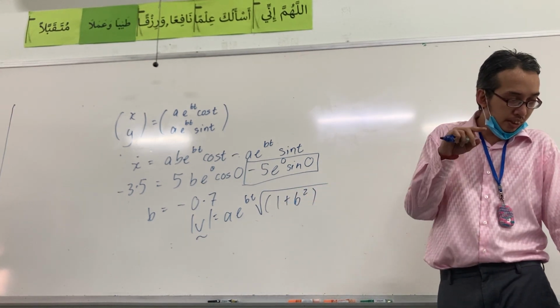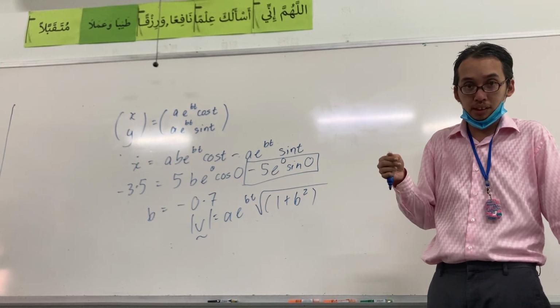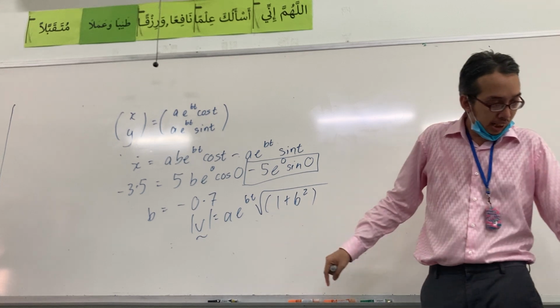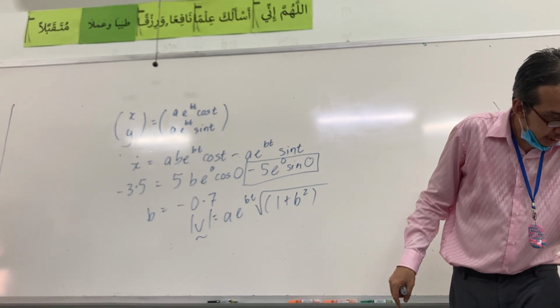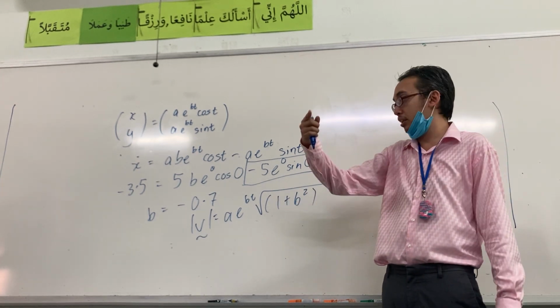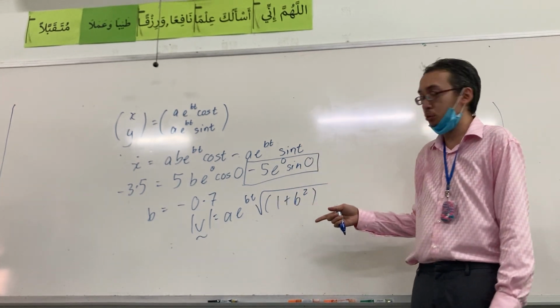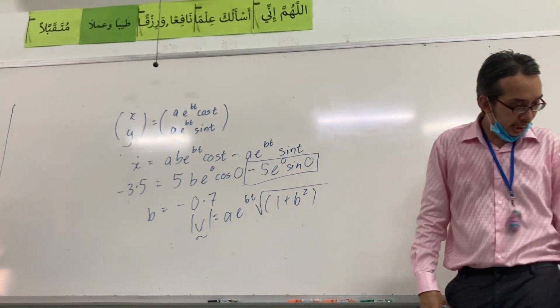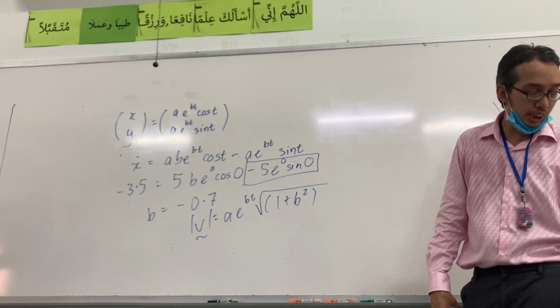So if you had difficulty solving for B in the earlier part, for this part you can just make use of the formula, putting in t equals to 2. But you need to know A and B, otherwise you cannot do it.